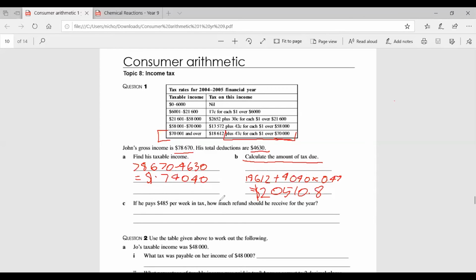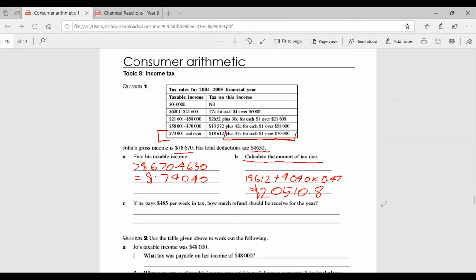Anyway, if he pays $485 per week in tax, how much refund should he receive for the year? What they mean by refund is when you're paying tax every week on your income, let's say you pay more tax than you needed to pay. Let's say he paid more money than this $20,000.